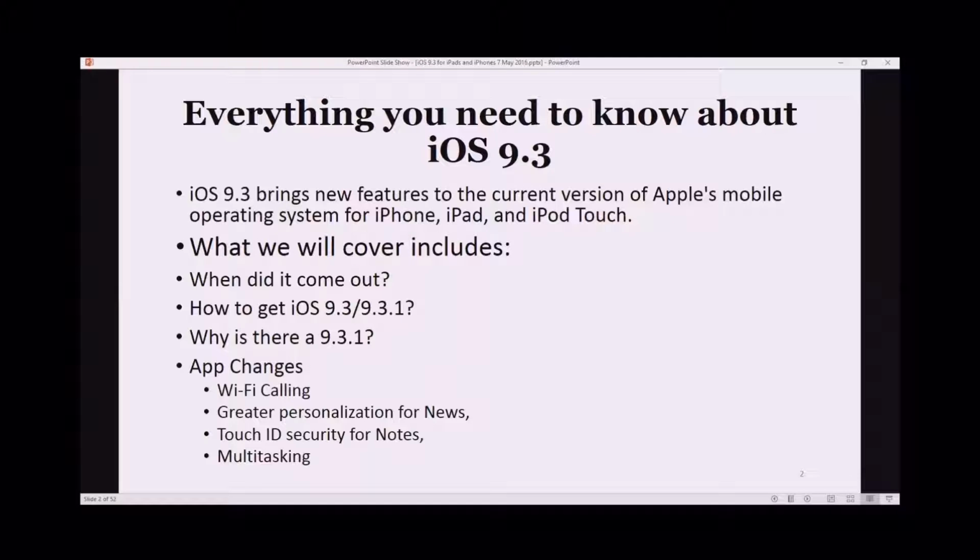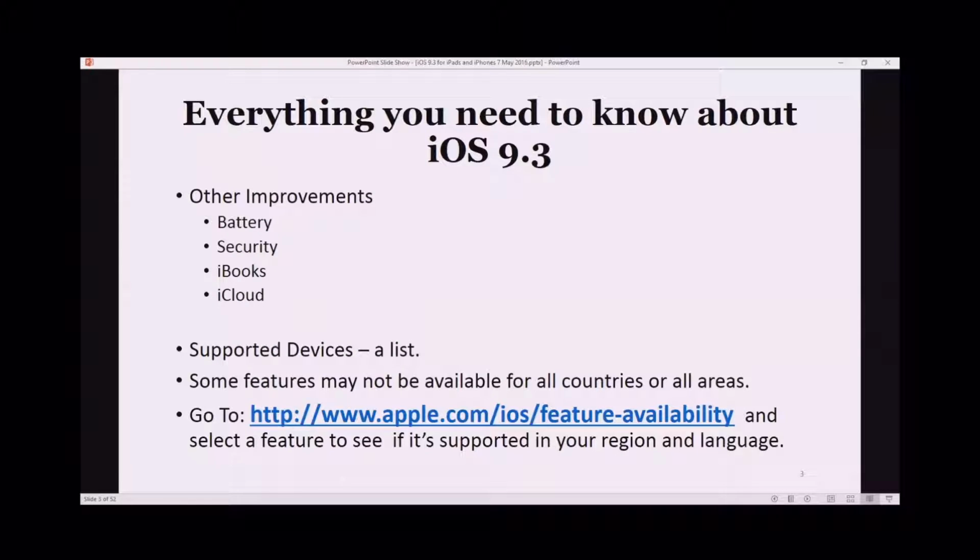There was also a 9.3.1 that came out, and I'll explain why and what went on with that. And of course, with every iOS change that Apple puts out, they always have some improvements in the background, such as making the battery last longer, some security checks, and iBooks and iCloud changes.